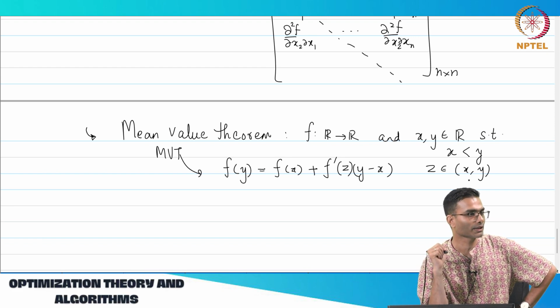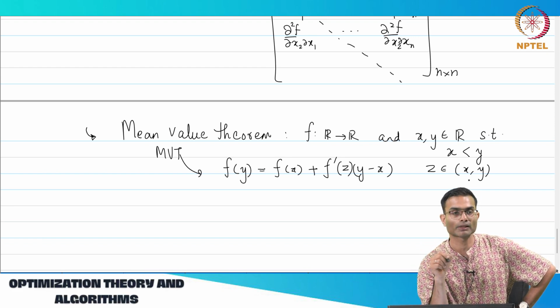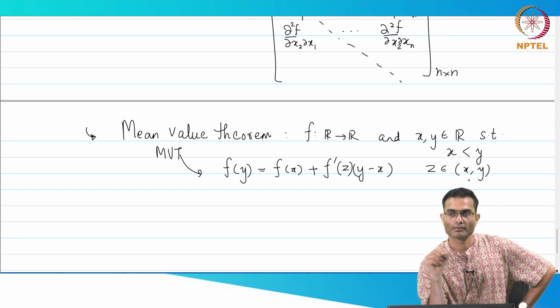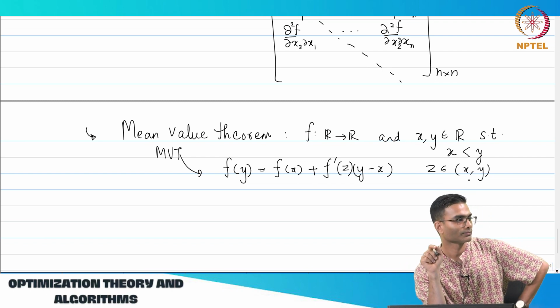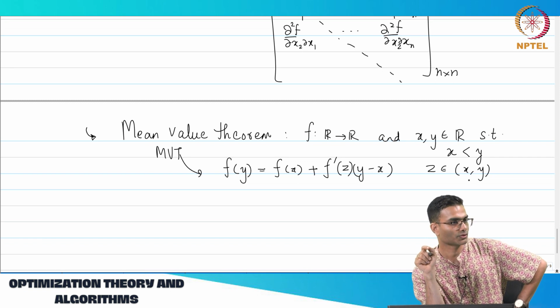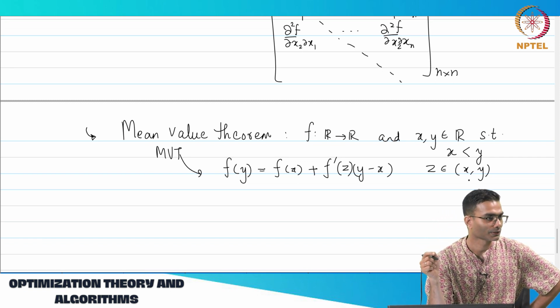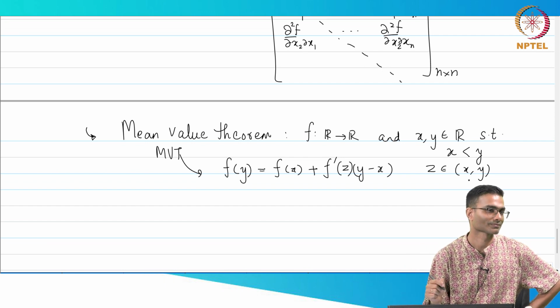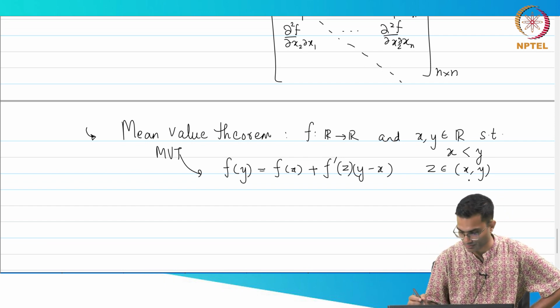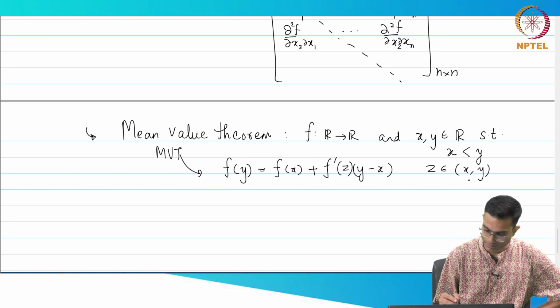What it is saying is that I can tell you the value at a point y exactly if you allow me to use the derivative at some intermediate point z. But the trouble is I don't know what z this is. So that's what you have.